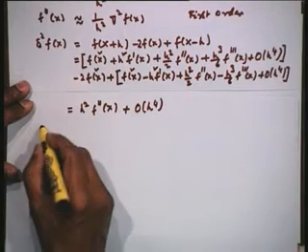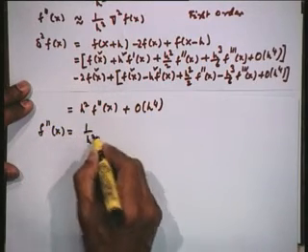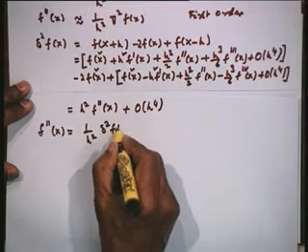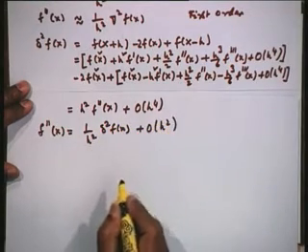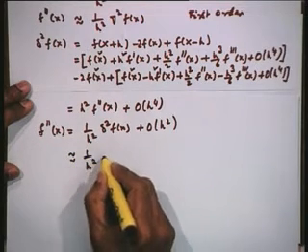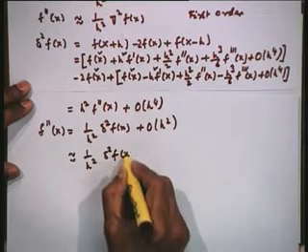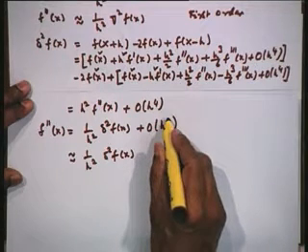Therefore, I can now write down f double dash of x is equal to 1 upon h square delta squared of f x plus order of h square. Therefore, this is approximately 1 upon h square delta squared of f x, and this is a second order approximation. Error is now order of h square.